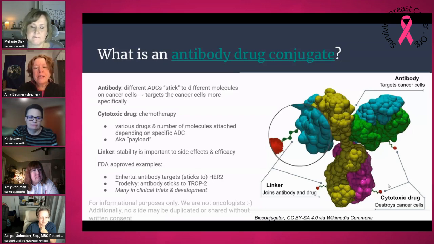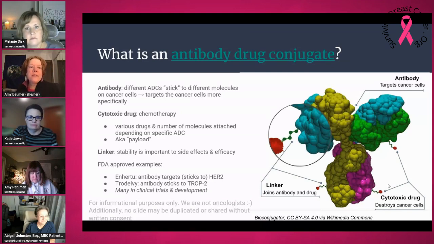So the antibody tracks to the cancer cell, and then the cytotoxic drug kills it. And that's really how they're supposed to work. There's a lot of problems and good things and bad things, but we won't go into that. Now, you also need something to conjugate or link those two together, and that's the linker.